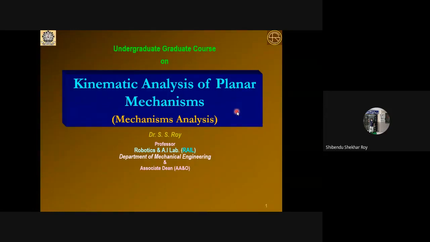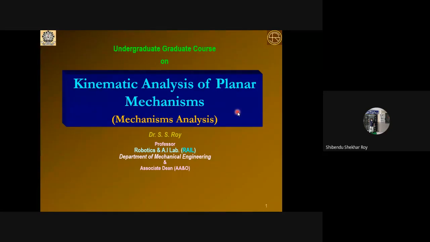Clear? You can define it both ways. All points of a mechanism move in parallel planes, or all the points of a mechanism move in planes parallel to a certain reference plane. The reference plane may be any arbitrary plane, and based on that you can do some kinematic analysis.